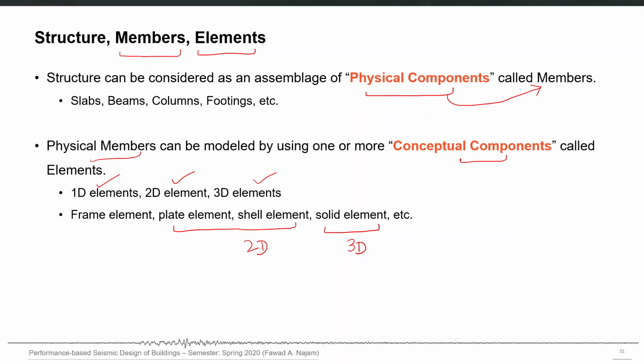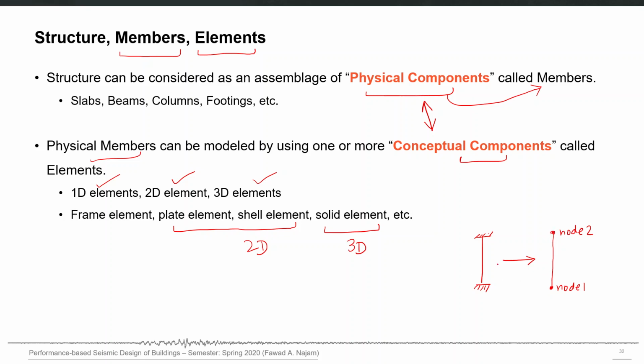So there are conceptual components which are finite elements, and there are physical components which are members of a real structure. Most of the time there is a direct one-to-one correspondence between physical components and conceptual components. For example, if you have a column which is, let's say, fixed at both ends, this is a member, a physical component, but it can be represented by one frame element with two nodes, node 1 and node 2, and the element is between these two nodes.